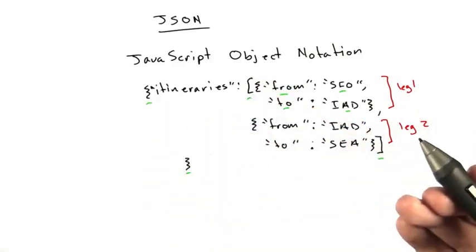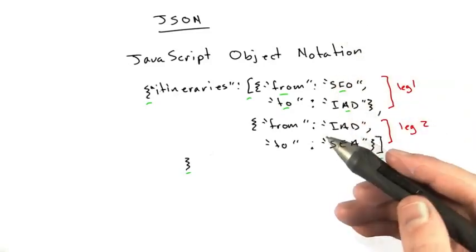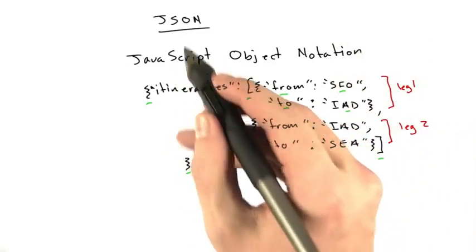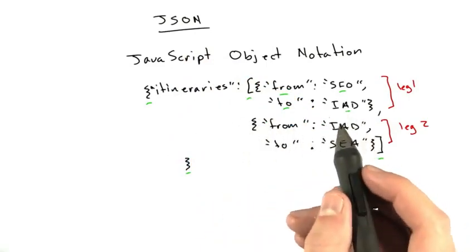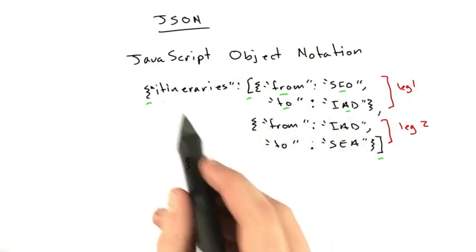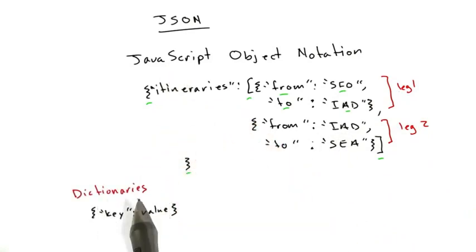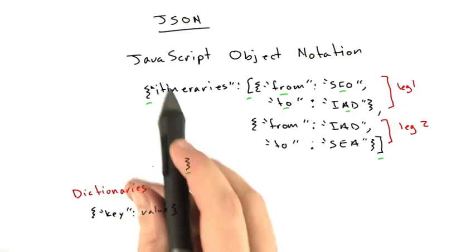JSON is really handy for expressing these types of objects. You can express anything you can express in XML. You can also express in JSON, except JSON is a little less verbose because you don't need these opening and closing tags. You can build things up out of dictionaries or a mapping or an object, depending on what vocabulary word you want to use, hash table, which is just a curly brace and then a list of key value pairs, just like you would in Python, just like you would in JavaScript.